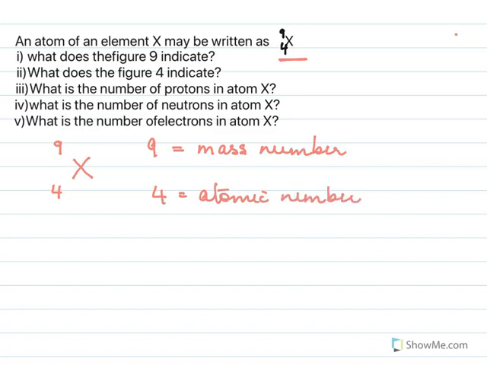Now we can answer the questions. What does the figure 9 indicate? We have already written that 9 indicates the mass number. What does 4 indicate? Atomic number.